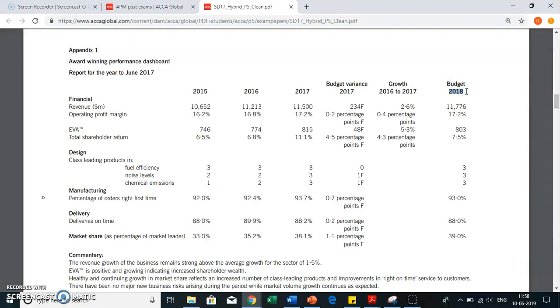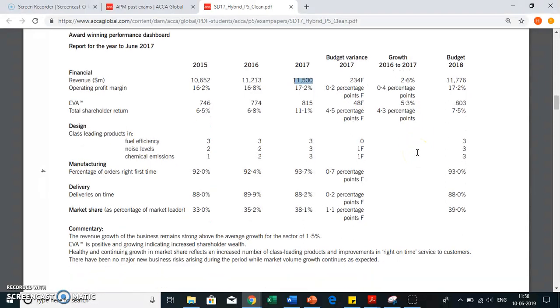This shows that in 2017 you made a revenue of 11,500, and we have a trend which is increasing from 10,000 to 11,000 to 11,500 in 2017. So you forecast a revenue of 11,776 in 2018, which is a pretty good way to demonstrate the performance of the company in future.